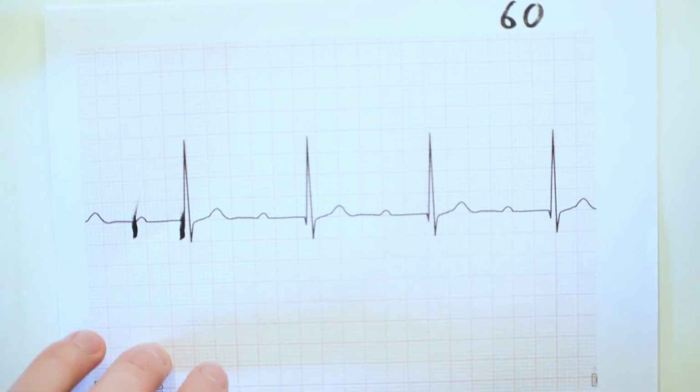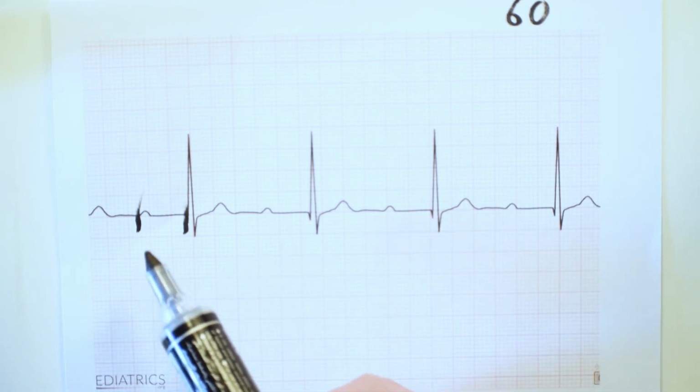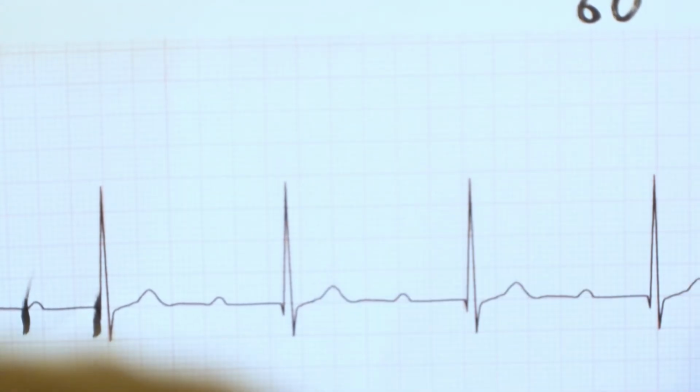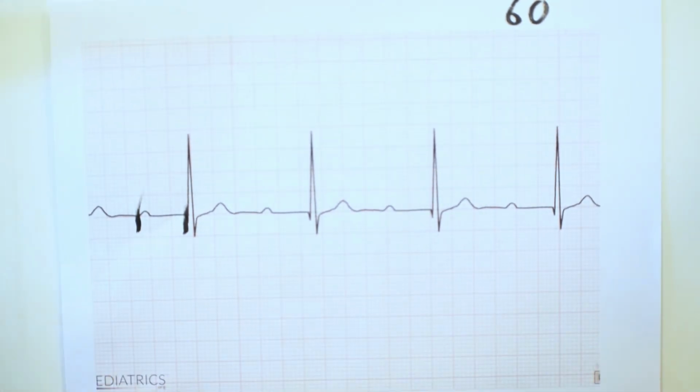So this means that we have a rhythm coming from the sinoatrial node, but it has a really long PQ interval. The other thing to note is that the QRS is also a normal duration, so less than 3 little tiny blocks. So it's definitely not a ventricular rhythm or anything wrong with the ventricles, and there's definitely a P wave.